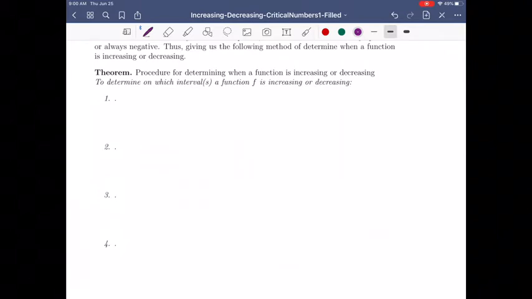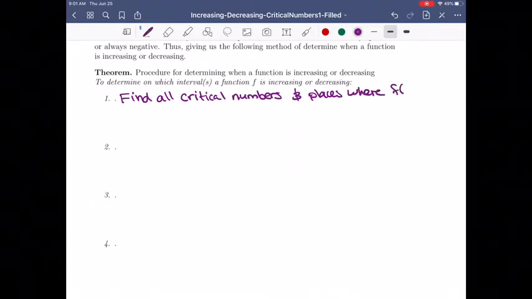So to determine whether a function is increasing or decreasing, what we want to do first is find all critical numbers, and places where the function does not exist.